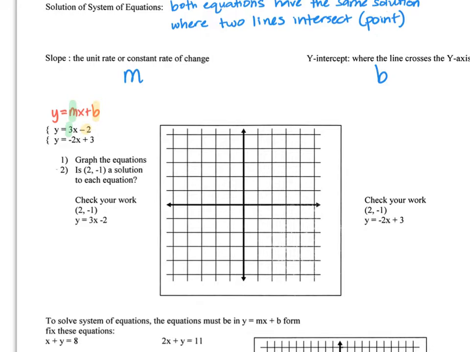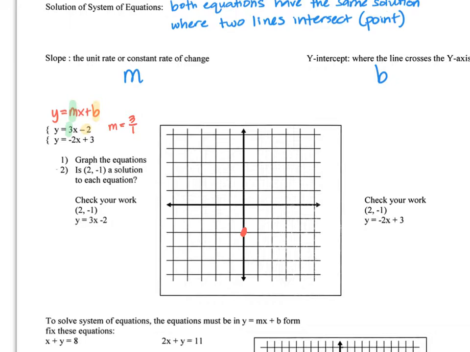Okay, so remember that our b, our y-intercept, that is where we start. Negative 2, so if I go down 2 from our origin, that's our b, our y-intercept. And then the 3, if m equals 3, that's 3 over 1, okay?